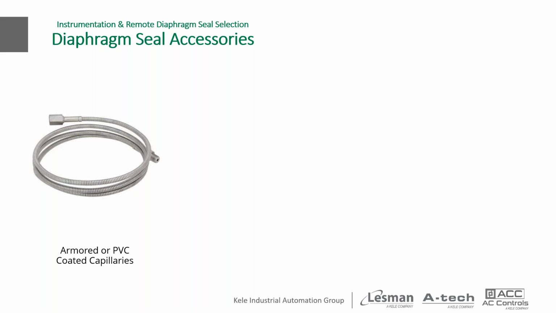More fill fluid basically equals more opportunity for the sensor to drift and have error due to temperature fluctuations. And I will add here, that's a particular concern when you have a device that is mounted outside. Days like today in the fall, where it's cool in the morning and warm in the afternoon, can cause drift on a remote diaphragm seal.